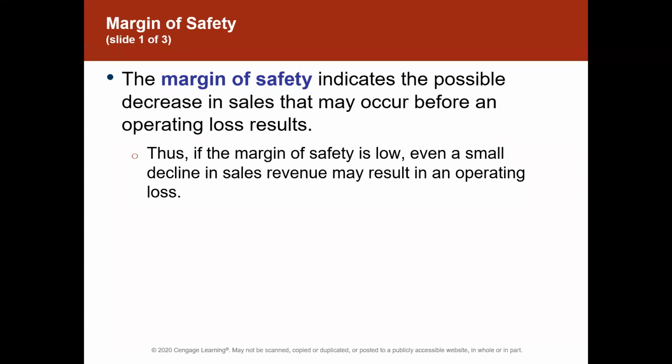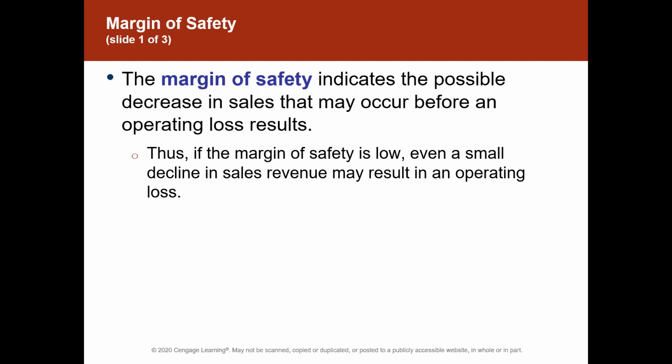We may want to check how close we are to maybe losing money if we're talking about a break-even analysis. So in exercise 10 we're going to calculate the margin of safety, both in dollars and as a percent of sales.